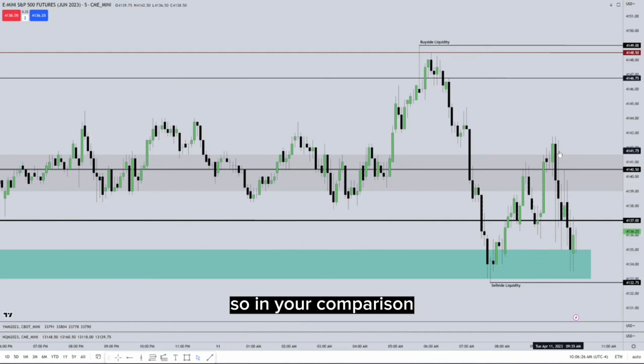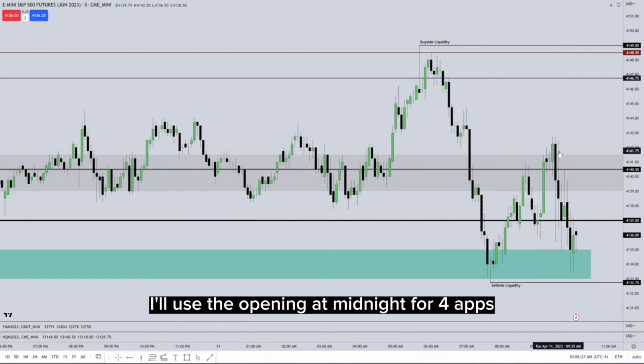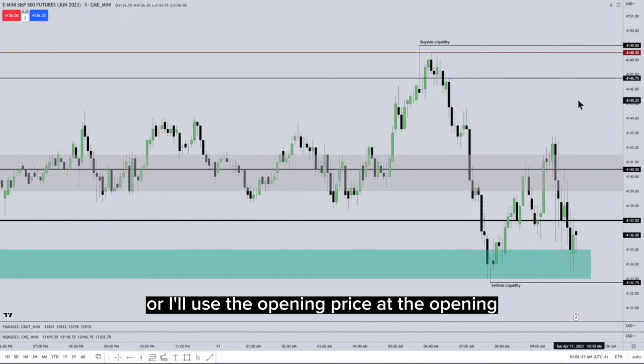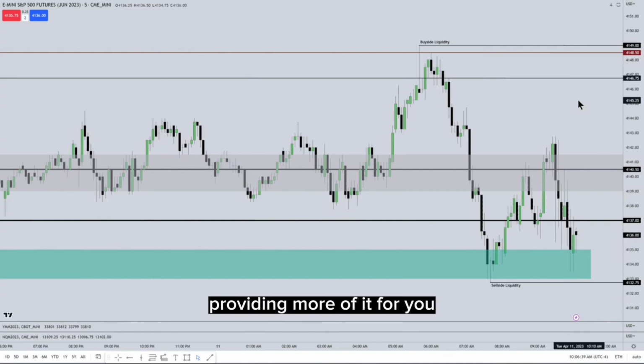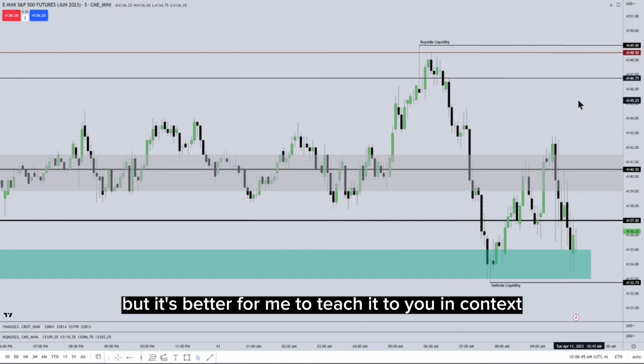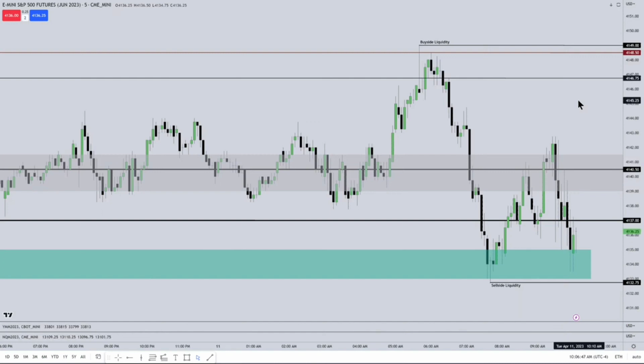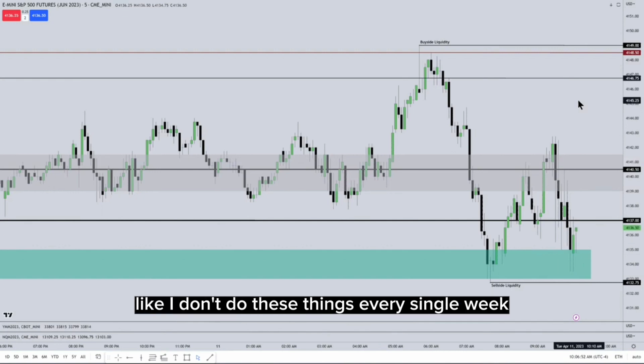And here's what the opening is: I'll use the opening price at midnight for Forex, or the opening price at about 9:30 in the morning session. There are a lot of rules, and throughout this year I'll provide more of it for you. But it's better for me to teach it to you in context when I'm using it, and you'll see and hear it at the time.